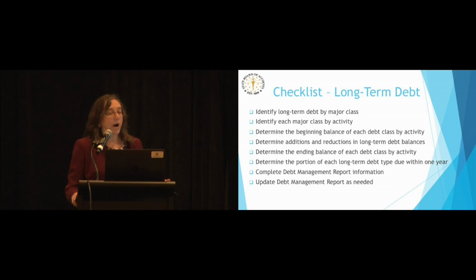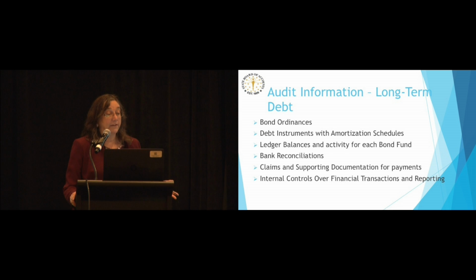We're going to be looking at bond ordinances, debt instruments with amortization schedules, ledger balances, activity for each bond fund, bank reconciliations, claims and supporting documentation for your payments, and internal controls over your financial transactions and reporting for debt.